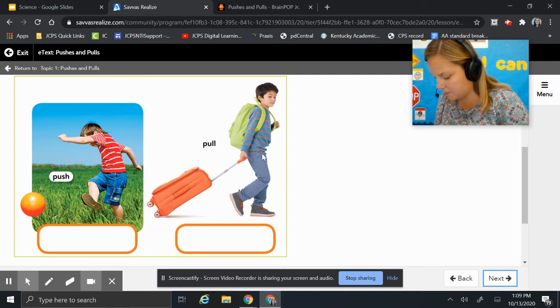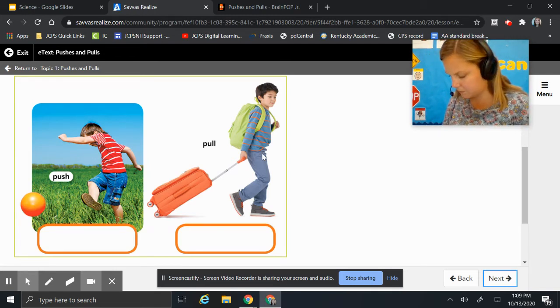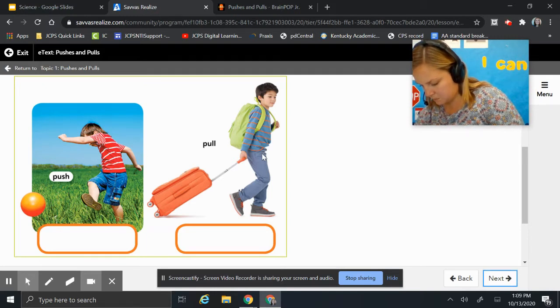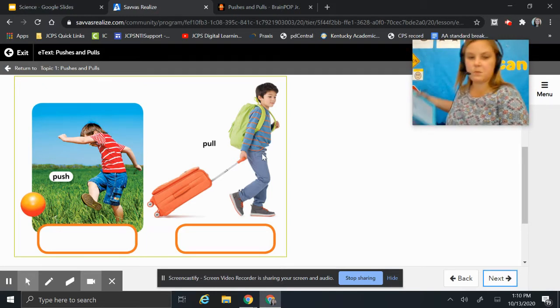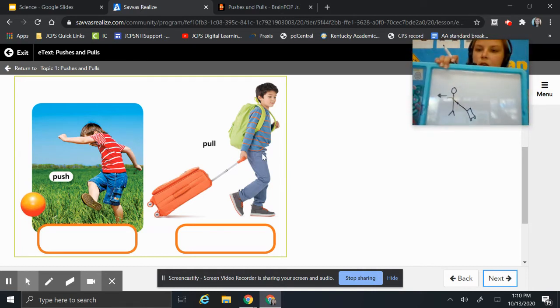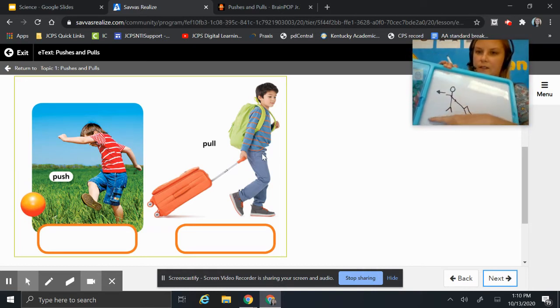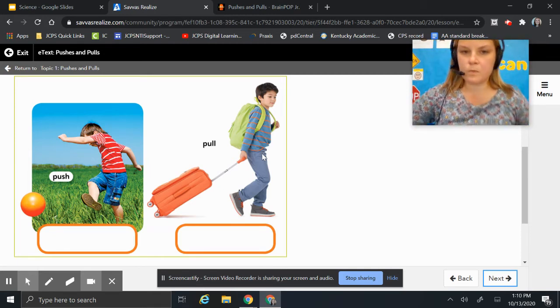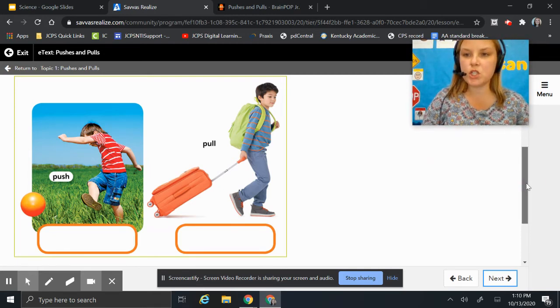So I'll draw him. Here he is, walking in this direction, pulling his suitcase. So there's an arrow. Again, you all can practice these at home. We're just pushing and pulling.